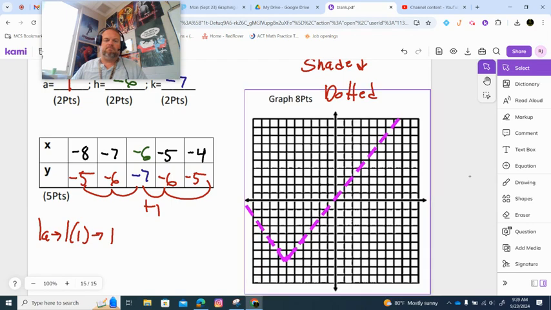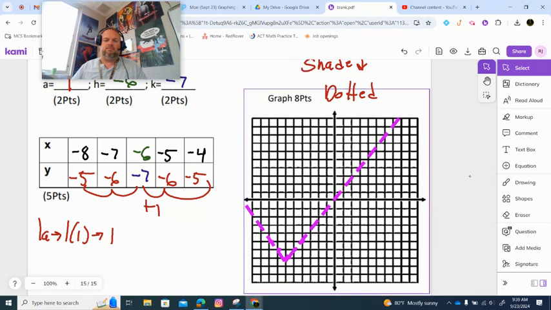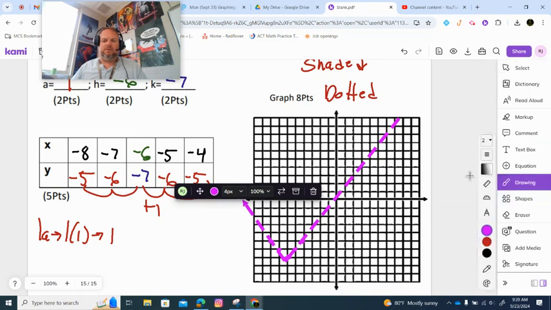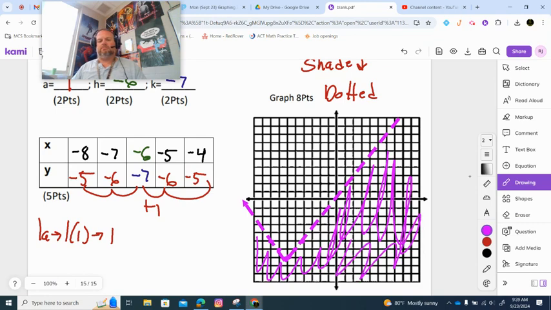All right, and we shade below, so it looks kind of like this. All right, not too bad.